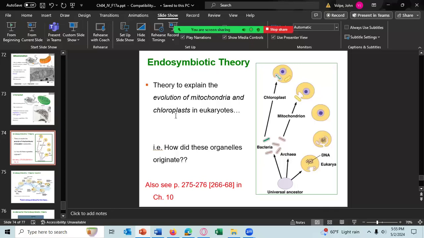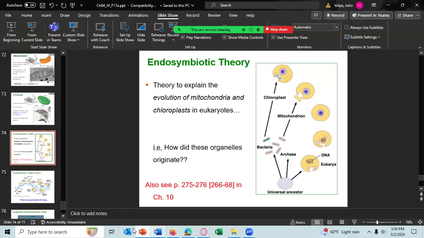Well, the chloroplasts and the mitochondria differ from all other organelles in that, first of all, they have two membranes, an inner and outer membrane of that organelle, and they also have DNA molecules within them and ribosomes within them. No other organelle has these. How did these organelles come to be?